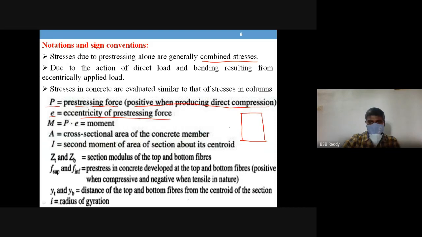For example, if this is the CG of the section and your duct is provided here, the distance from CG of concrete to the CG of the duct is taken as eccentricity e.